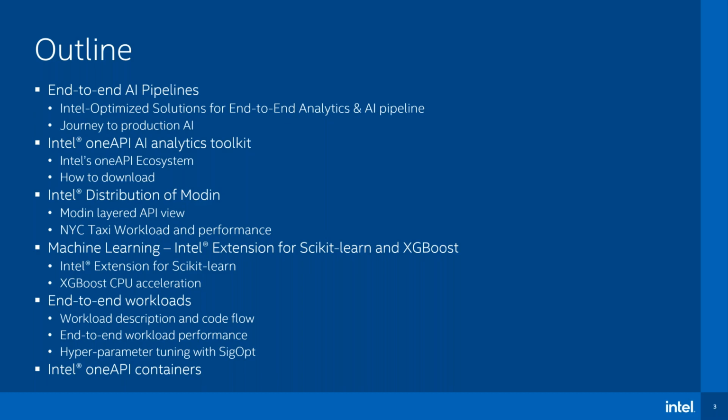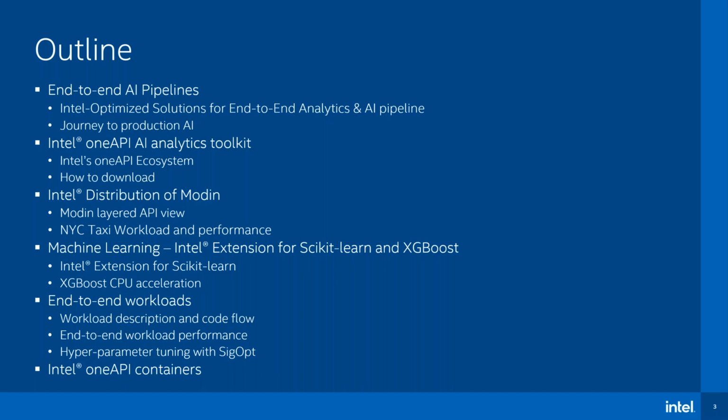Followed by that, I'll be talking about machine learning, Intel's extension for Scikit-learn and XGBoost. These two packages are extremely popular and familiar to a lot of data scientists and ML engineers. So we will talk about how you can use these and get a significant performance boost, and how we arrive at those optimizations.